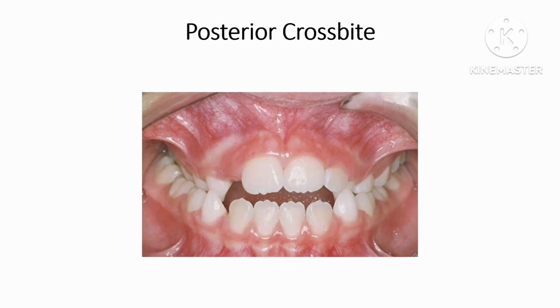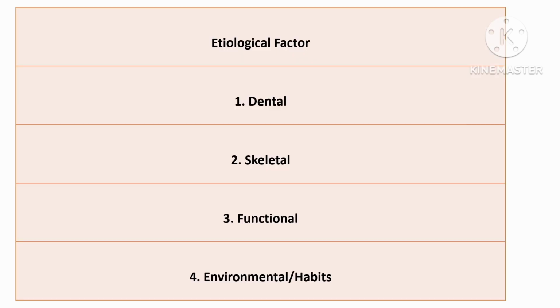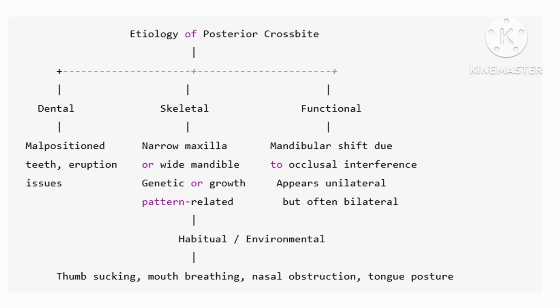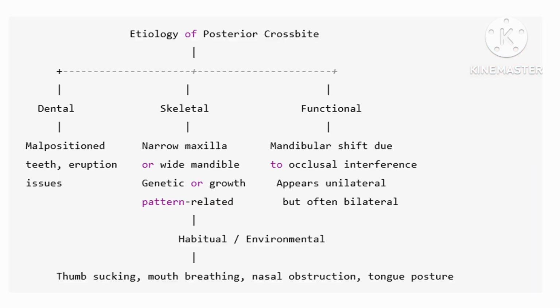Crossbite can result from dental, skeletal, functional or environmental factors, and these factors may be in combination as well. Dental causes include abnormal eruption path of posterior teeth, retention of primary teeth with delayed exfoliation, malposition of permanent molars and premolars, and early loss of primary teeth leading to space loss or drifting.